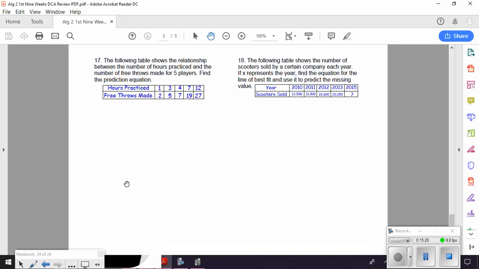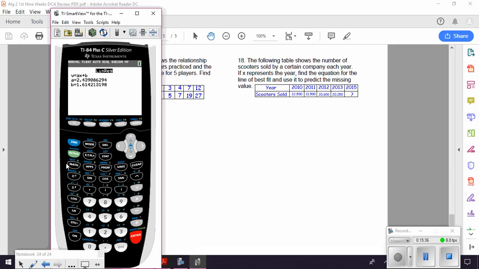Alrighty, 17 is similar to 16. So let's get our calculators back. Let's clear our data. So stat 4 for clear list, second 1, comma, second 2. Our lists are clear. Now go to stat, edit.